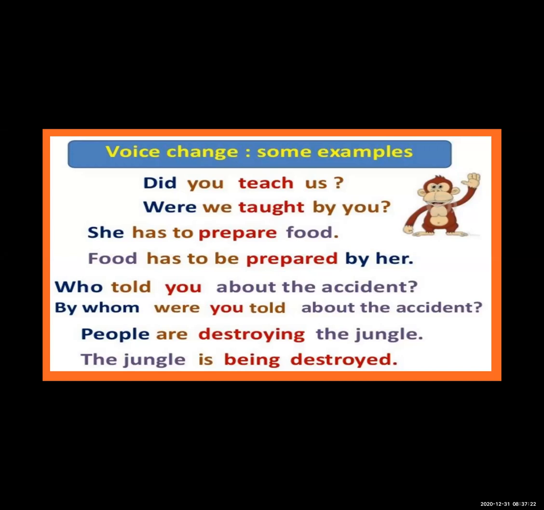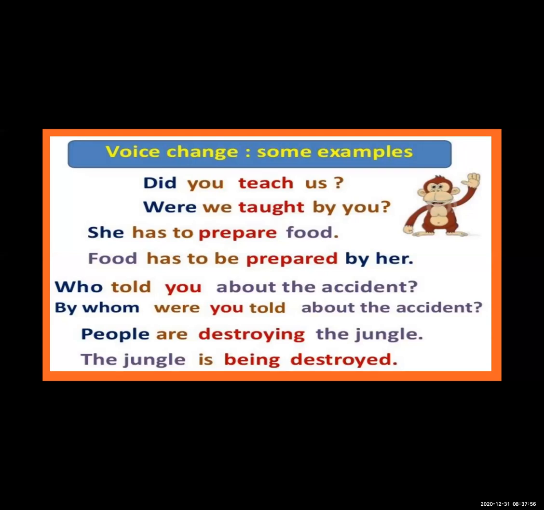Now we have used were, us will become we, and teach, because teach is the verb, will be in the participle form, it will become taught. Then we have to add by. Then after that you will remain you, and a question mark at the end of the sentence.